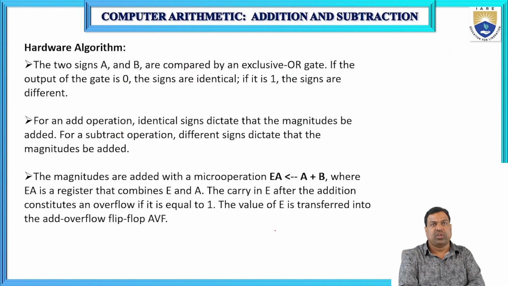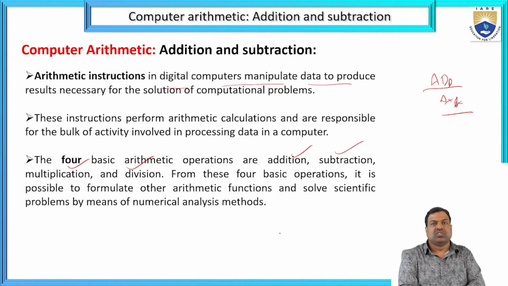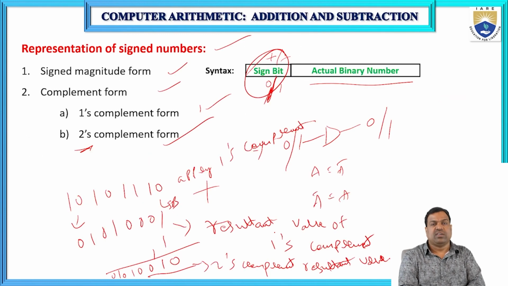So today we discussed computer arithmetic operations. Addition, subtraction, multiplication, division are the computer arithmetic operations. The representation of signed numbers means a plus value or a minus value. Whether the result is positive or negative, we define it with the sign bit, 0 or 1. That is signed magnitude.